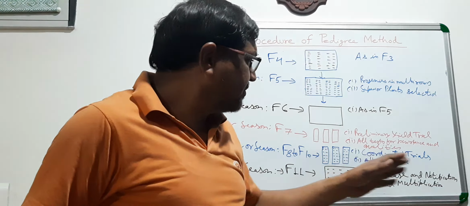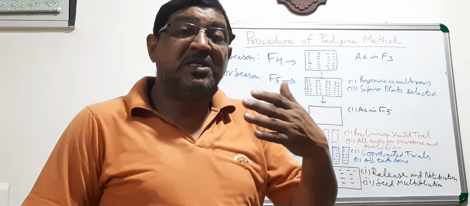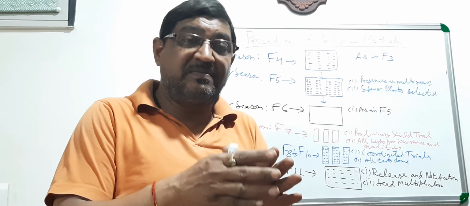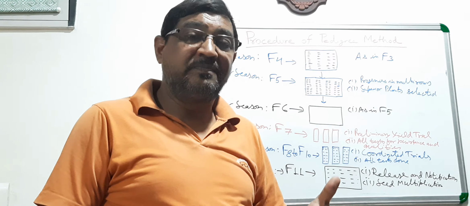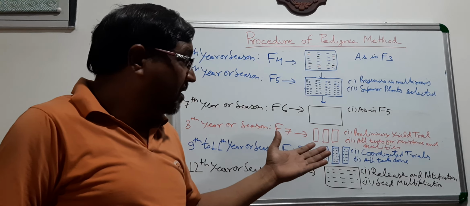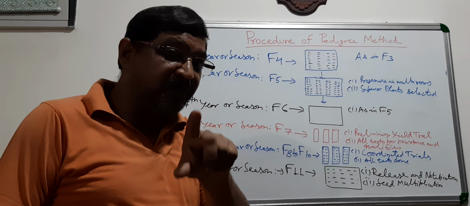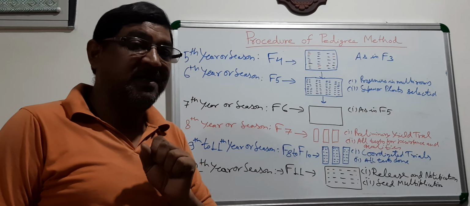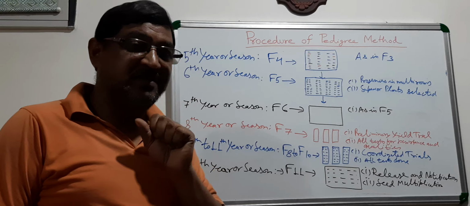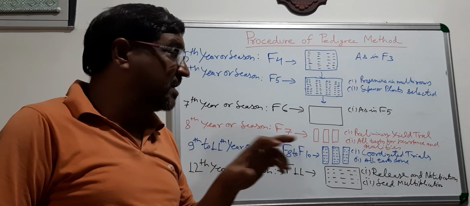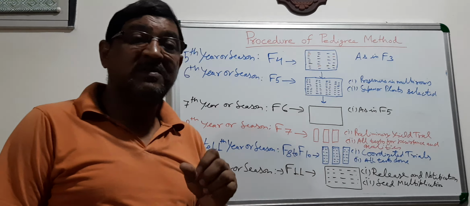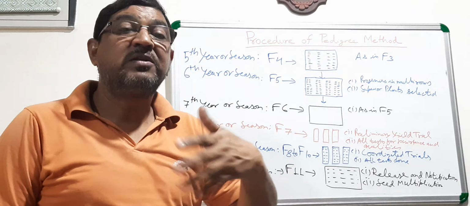You have to grow it, see its yield potential, compare it with the checks, and then have all the tests. For the traits for which you have selected, the aroma is there; how is the cooking quality, how is the yield performance, how is the insect pest resistance, all qualities you have to test here.